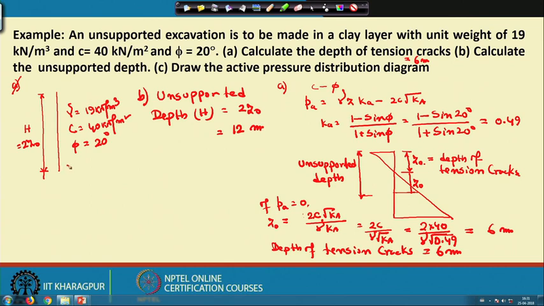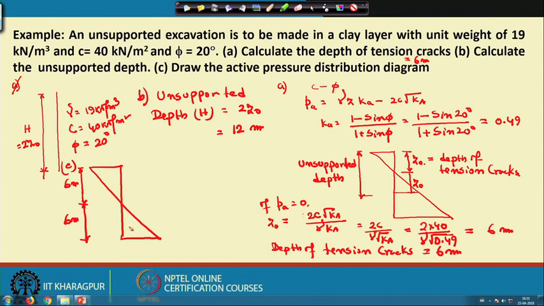Now for the C part, the earth pressure distribution diagram. We are drawing the earth pressure distribution diagram for two cases. First, up to the unsupported portion: this is 6 meter, this is 6 meter.